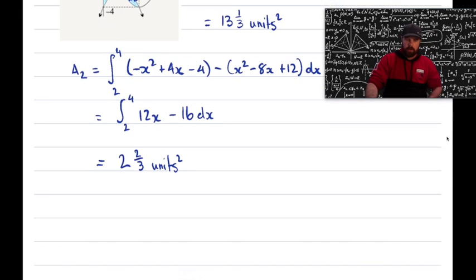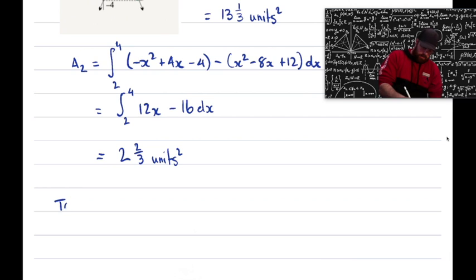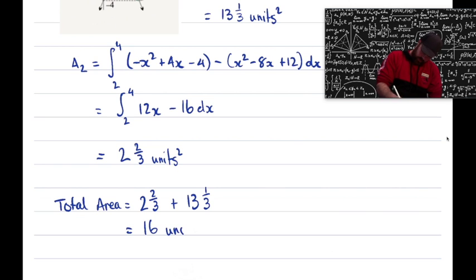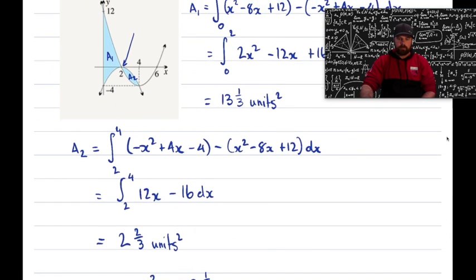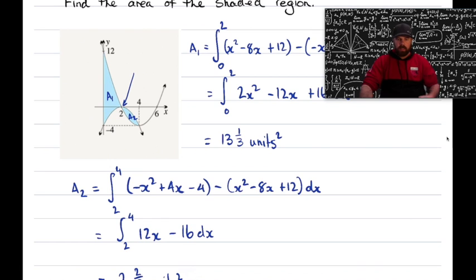So combining those, the total area is 2 2/3 plus 13 1/3, which equals 16 units squared. So remembering with this question, taking our time to find where they cross over, separate those two areas, and ask ourselves what is on top and what is on the bottom.